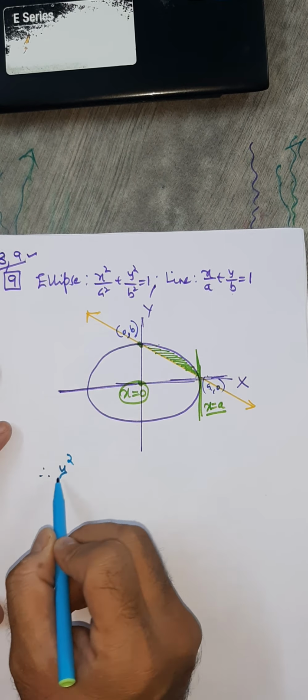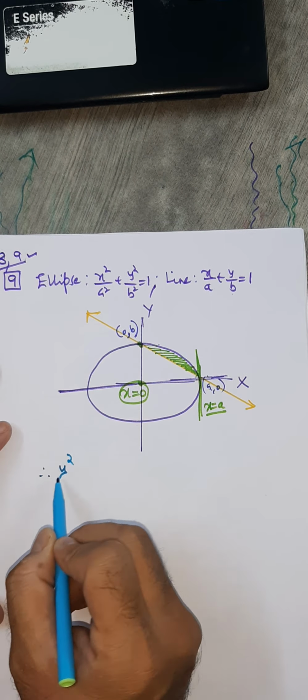This is positive because it is in the first quadrant, remember. And you make y the subject of the expression here. So y by b equals 1 minus x by a, so y equals again b by a into (a minus x). This is one function, this is another function, remember. Then f(x) minus g(x). Your sum is almost over, remember.